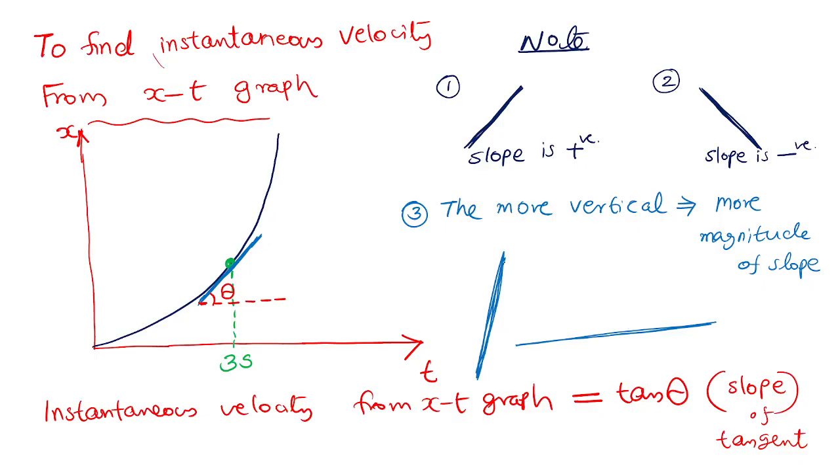So a diagram is not required. You understand the sentence: the more vertical the line, the more the magnitude of slope. For the sign, we have a technique: upward positive, downward negative. The sign I have already discussed. I am talking about magnitude. So the more upward, the more slope.